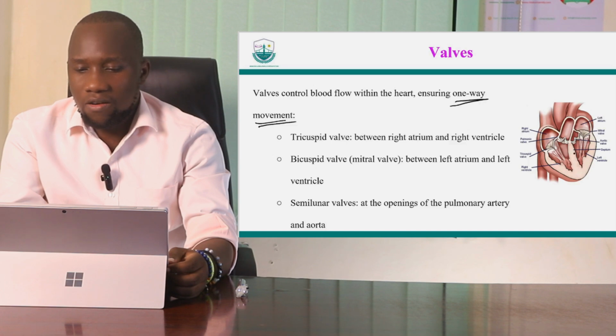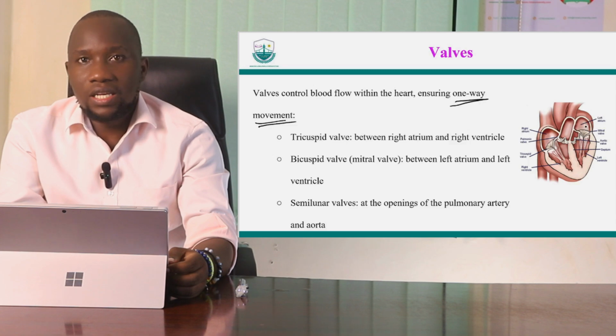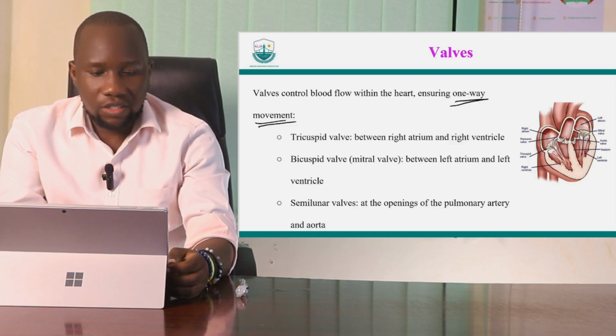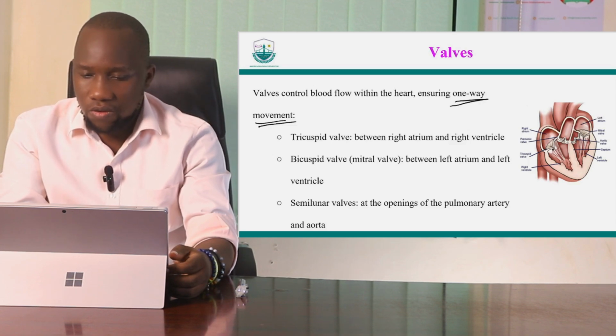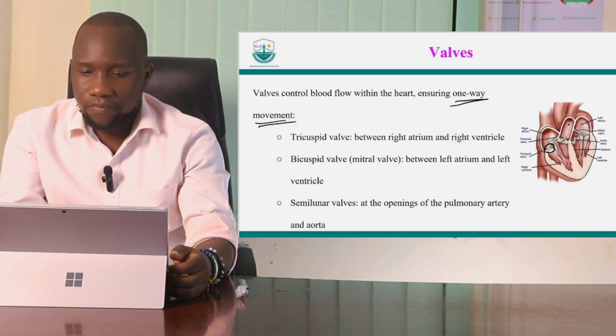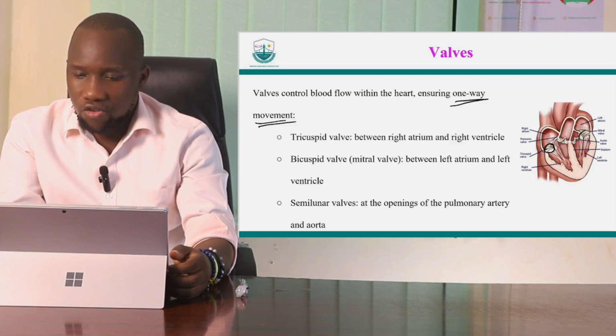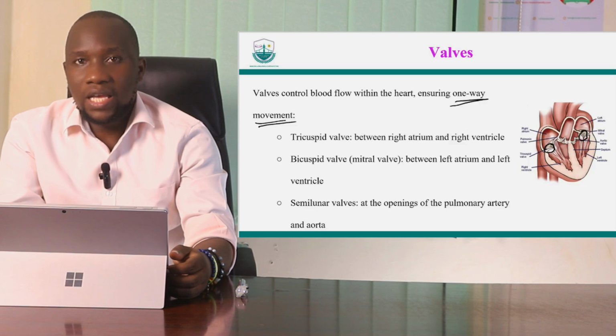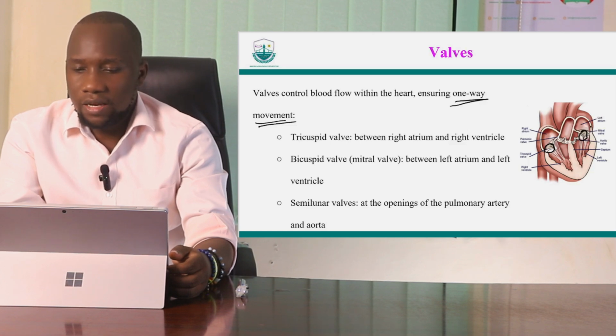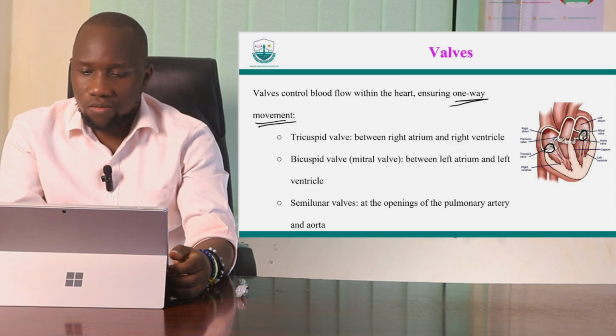And then we have the bicuspid, which is found between the left atrium and the left ventricle. So the tricuspid is between the right atrium and the right ventricle, and then the mitral valve or the bicuspid is found between the left atrium and the left ventricle.